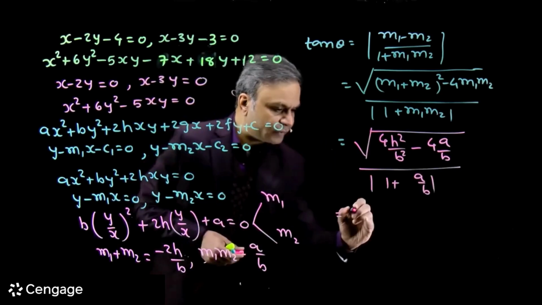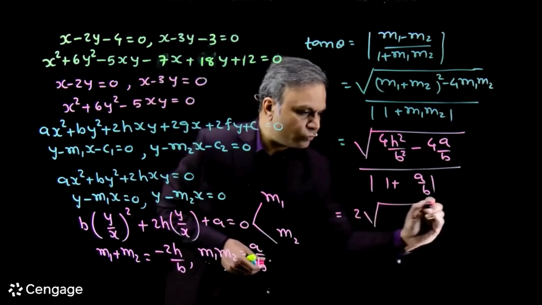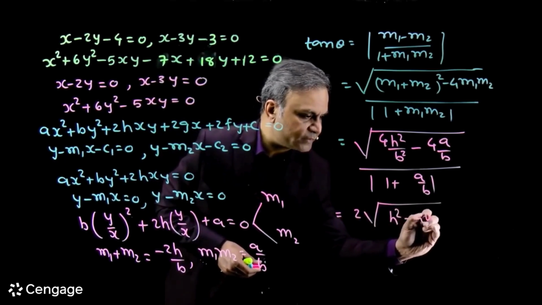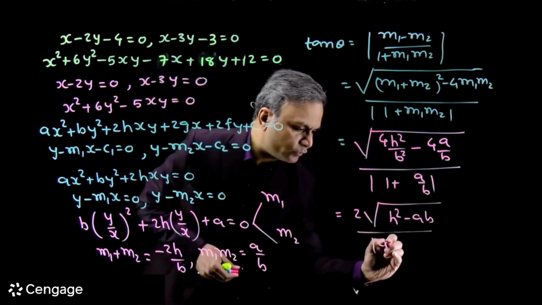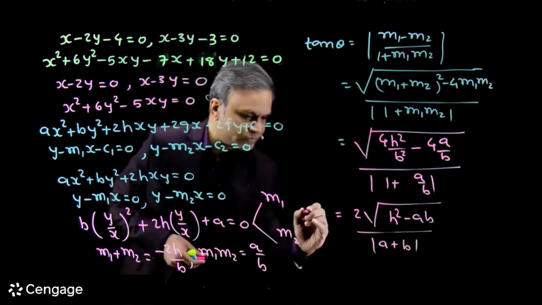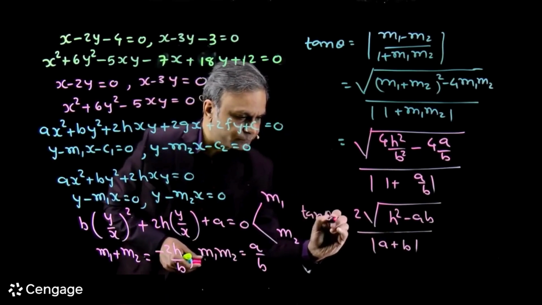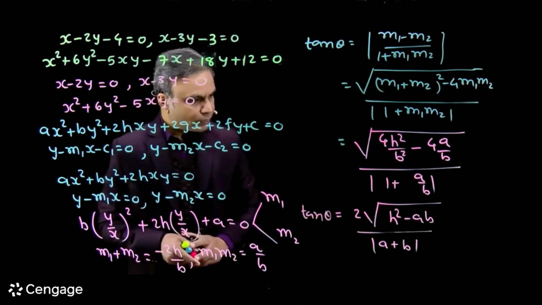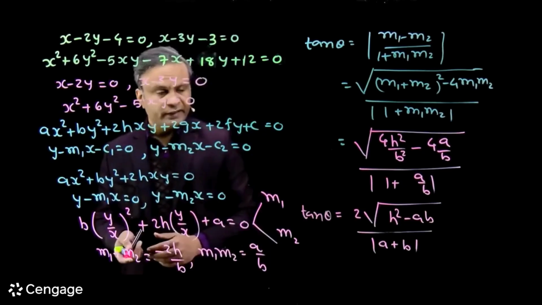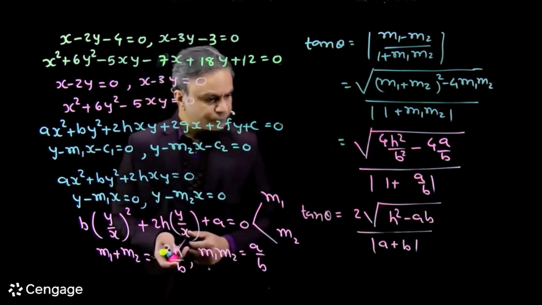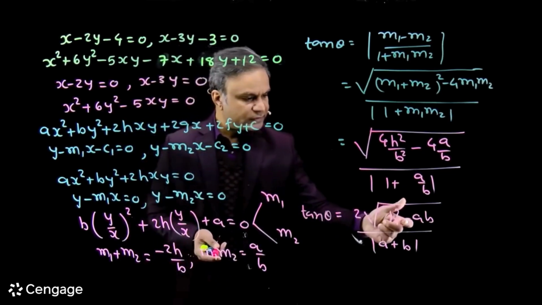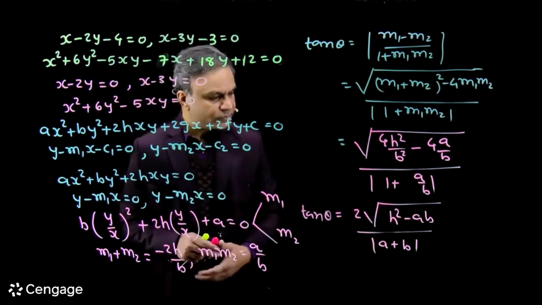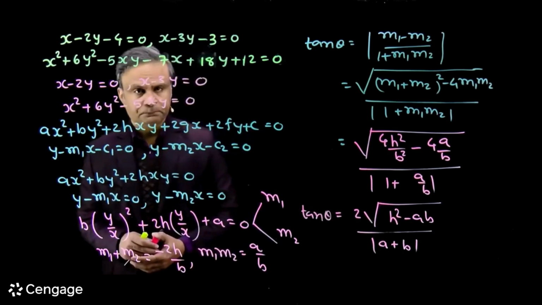So we get finally 2 root h square minus ab upon modulus of a plus b. This is equal to tan theta. So angle theta between pair of straight lines is given by this formula, 2 root h square minus ab upon modulus of a plus b. This is equal to tan theta.